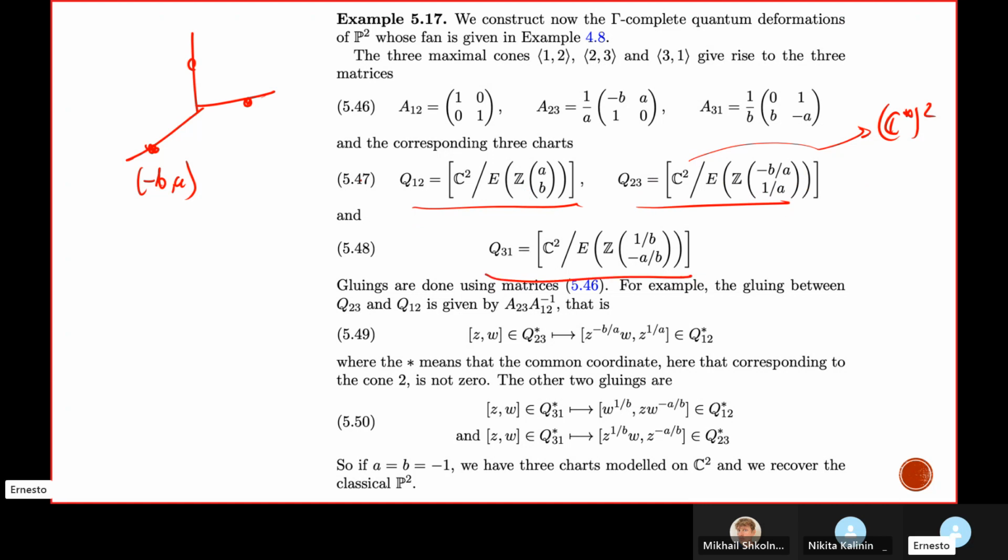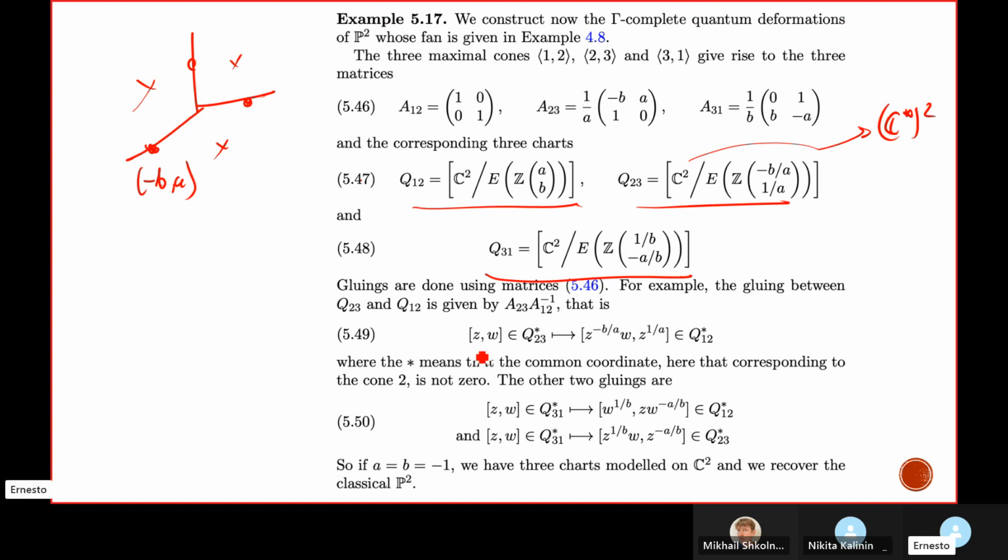But these 3 quantum tori would be isomorphic. You would have 1 quantum torus given for every one of these cones. And these matrices that are deliberately labeled 1, 2, 2, 3, and 3, 1 would give the various isomorphisms between the quantum tori. So the quantum torus Q23, that is C2 star divided by this action, of course the literal quotient is a non-Hausdorff space, but as a stack it is an object.